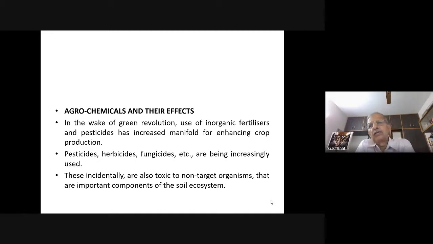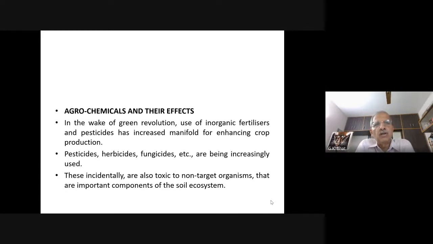With reference to environmental issues, we shall in today's class deal with the agrochemicals and their effects and further. You know, we people extensively use inorganic fertilizers to get high yield.